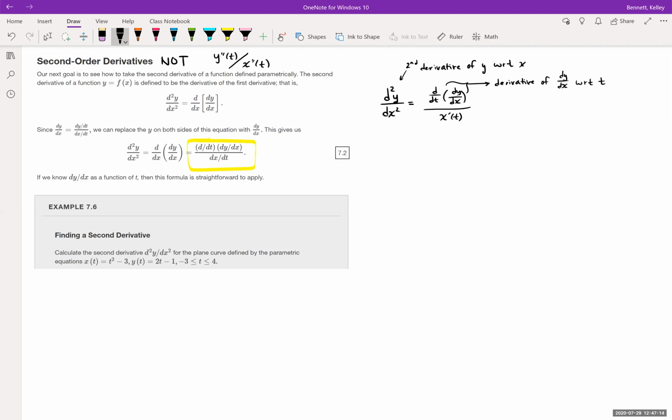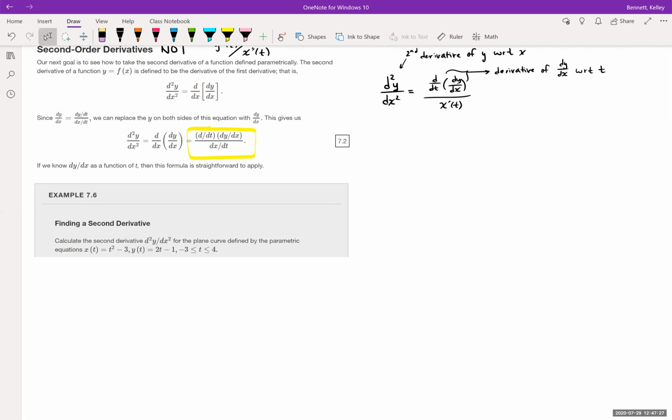Anyway, okay, so dy dx is still a function of t, right? We just did a bunch of examples like that. And so it makes sense to say, okay, I'll take the derivative of whatever that guy is with respect to t.